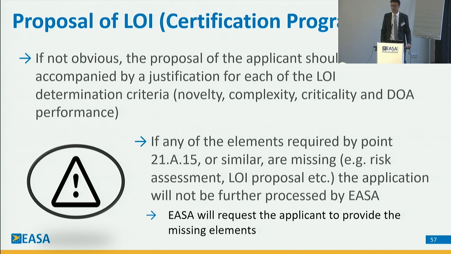If this is not complete, we are stuck. So we have to adapt the certification program so that it is acceptable, and then we can further proceed. But in any case, we will inform you, and if we see that, assume you have determined something as novel, and we say no, it's not, or the other way around, we will tell you and justify why we have a different position.